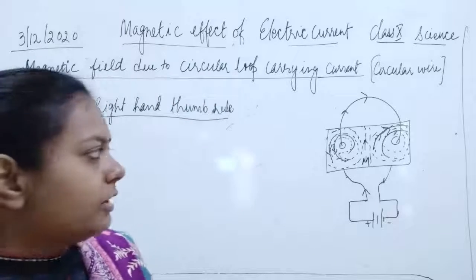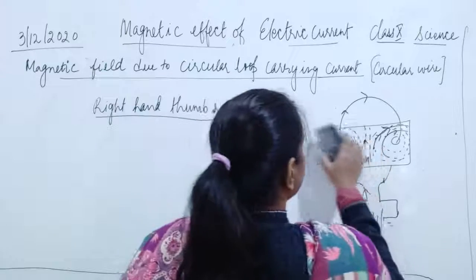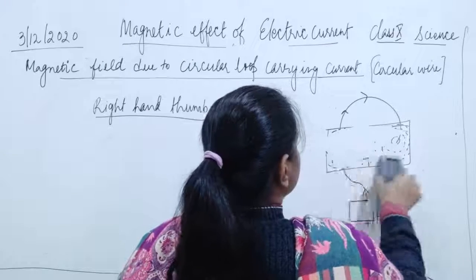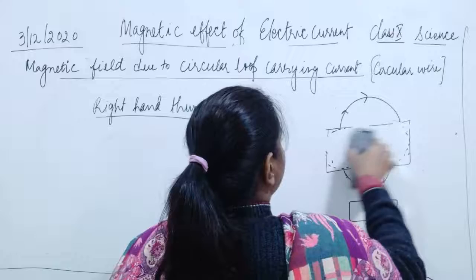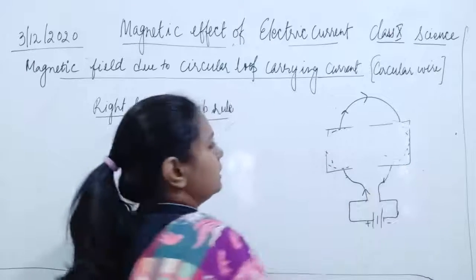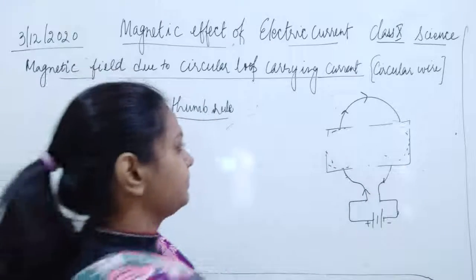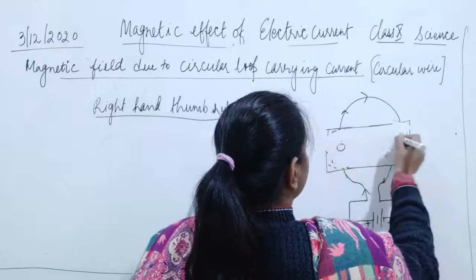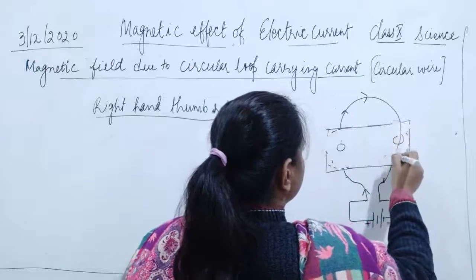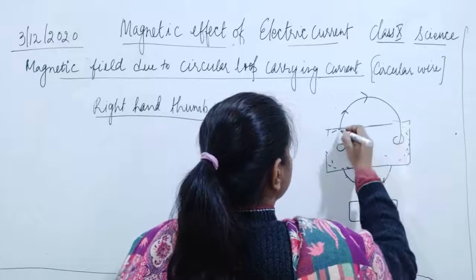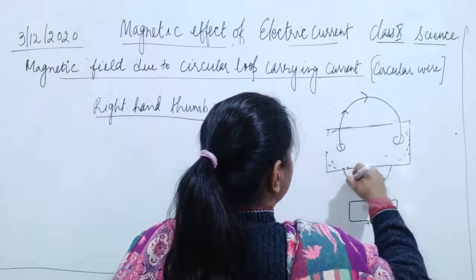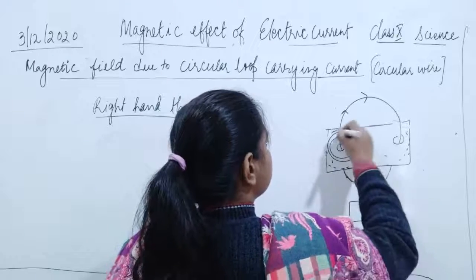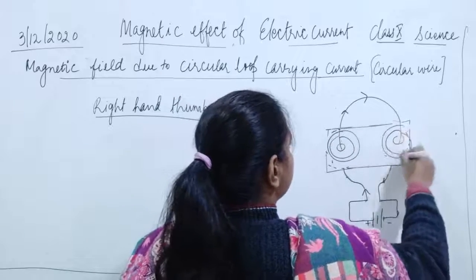You can draw it more clearly. If I remove this and draw it again, so what would be the direction of the magnetic field, children? In this side, this is a circular loop which is passing from here, coming out from the downward side. बस दो बनाती हूँ ताकि आपको समझ में आए.